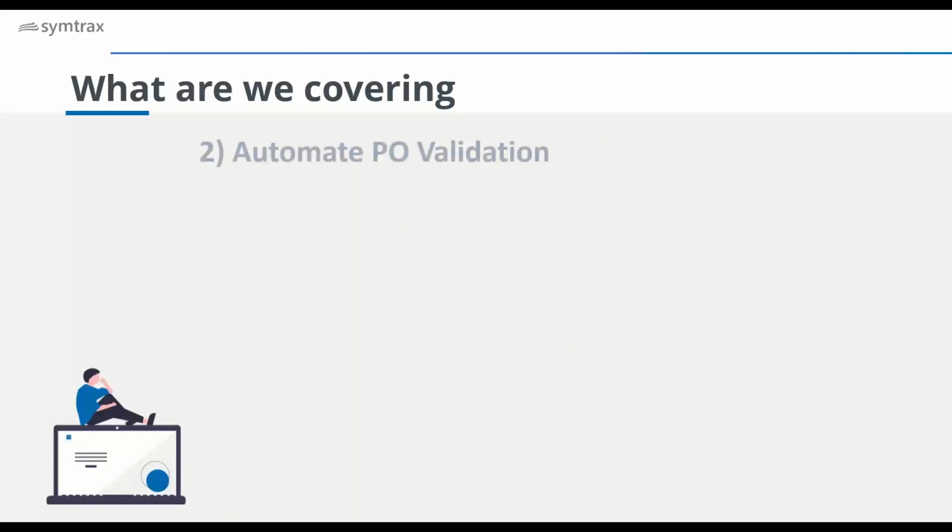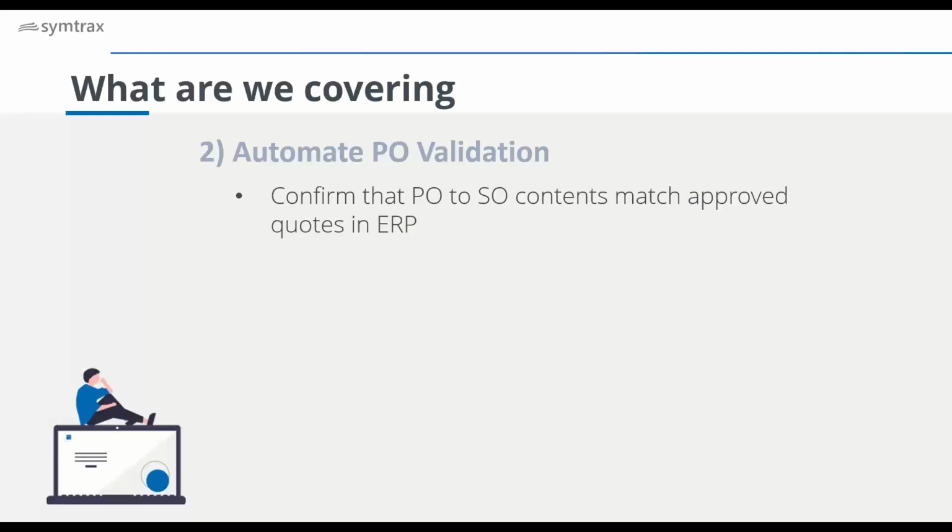The next step is about automating this PO validation process, which is an important step, confirming that all the purchase order and sales order content match and gets approved within your ERP, and then checking on predefined conditions. The more predefined conditions there are, the more the automation needs to take that into account.